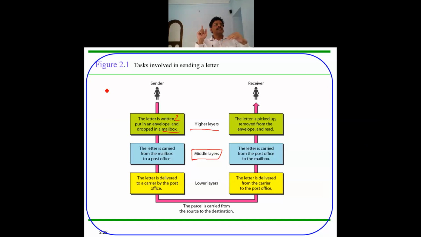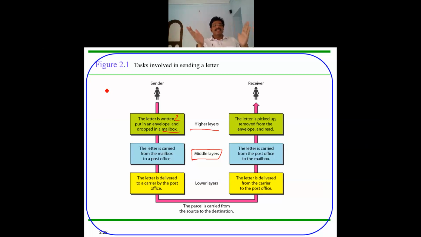So that is the middle layer. The letter is sorted and delivered to the recipient's mailbox. Then at the higher layer, the receiver at the destination picks up the letter, opens the envelope, and reads it.